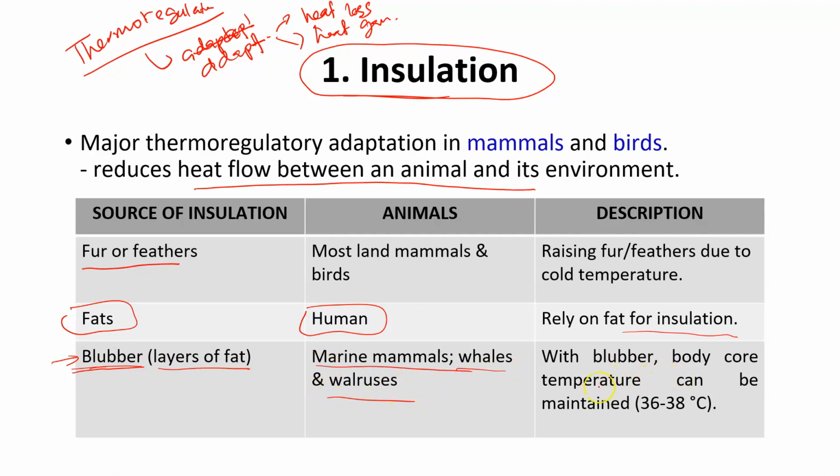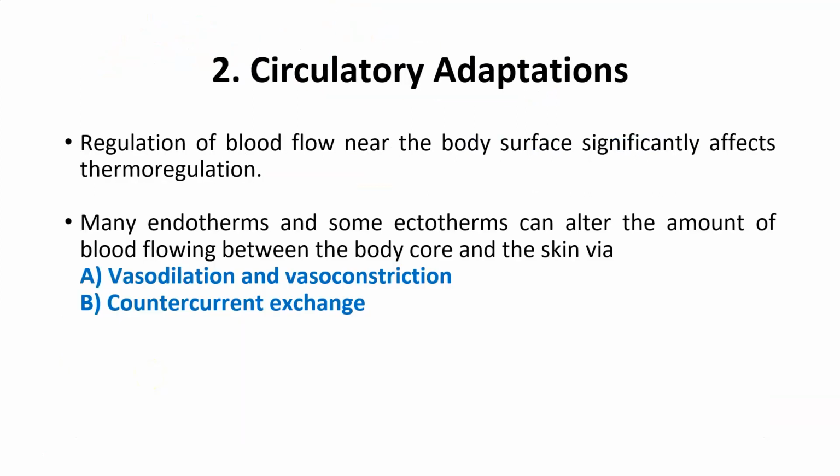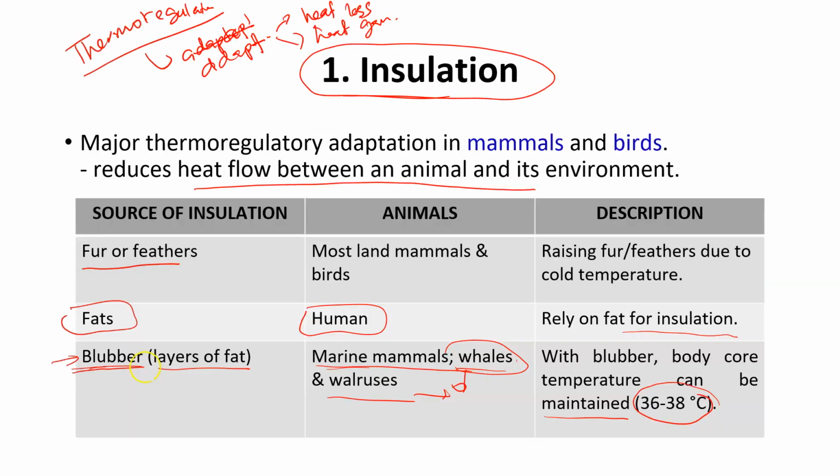With blubber, body core temperature can be maintained around 36 to 38 degrees. For animals that live in really cold temperatures, tempat yang ada ais banyak kan, in the Antarctic and both poles of the earth tu kan, they have blubber, duduk kat tempat yang sangat sejuk. Okay, so that is insulation.